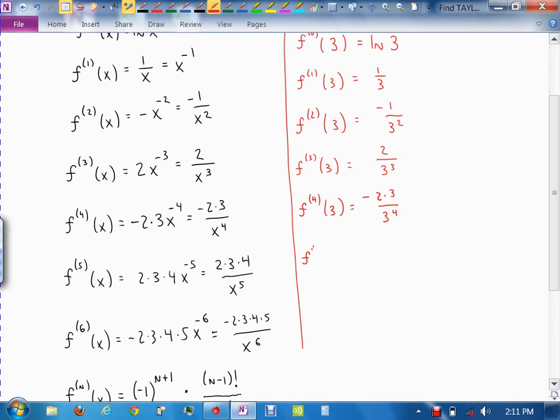Fifth derivative at 3 would be positive this time: 2 times 3 times 4 over 3 to the fifth. We'll do one more. Sixth derivative at 3 would be negative 2 times 3 times 4 times 5 all over 3 to the sixth.